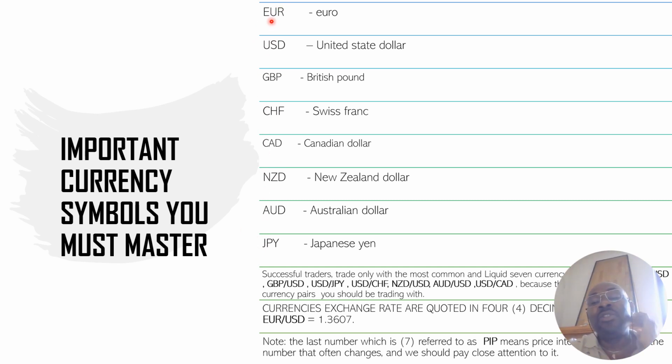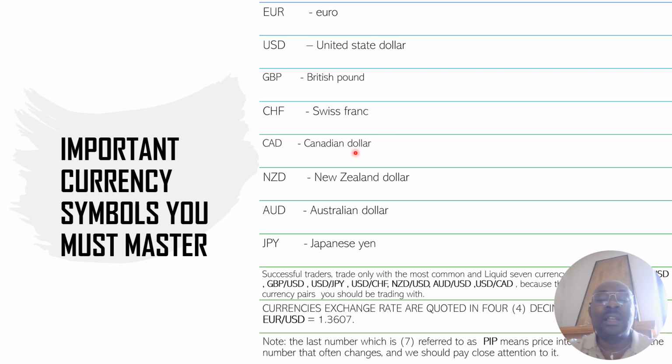So we have the euro, EUR. Then we have the USD, the United States dollar. You have the GBP, which is the British pound. This is what you will see in currency quotes.